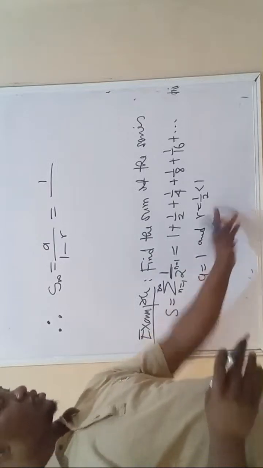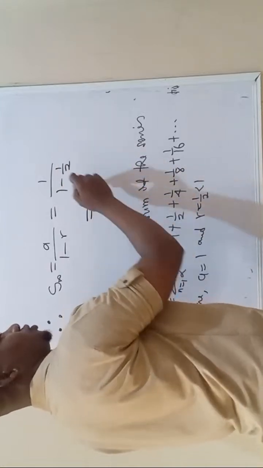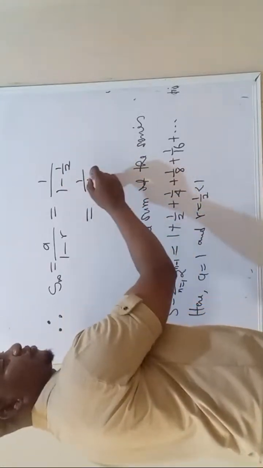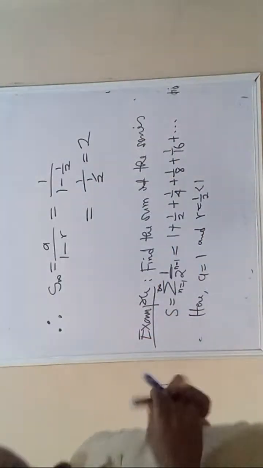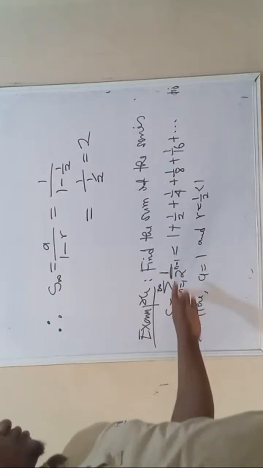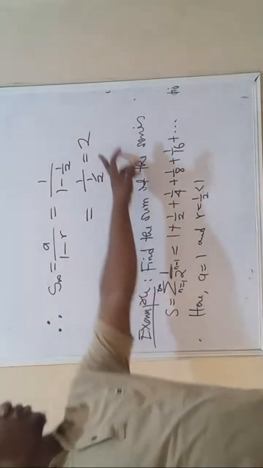Between this formula, this will be 1 minus half, and 1 minus half is half. And we'll find this. So what we are saying in essence is that if you have to sum this series to infinity, the sum is actually 2.